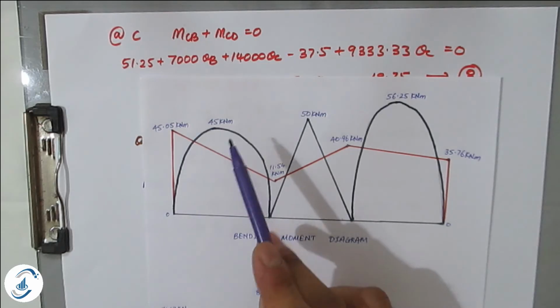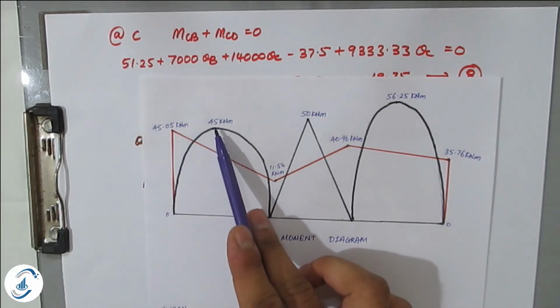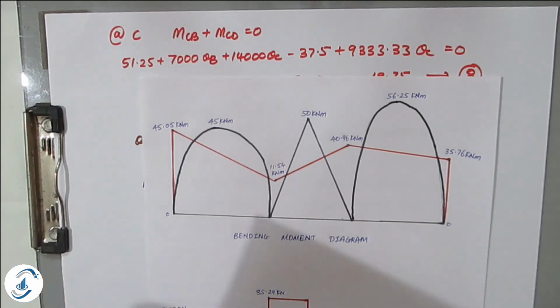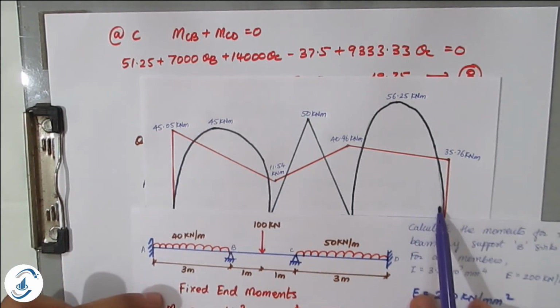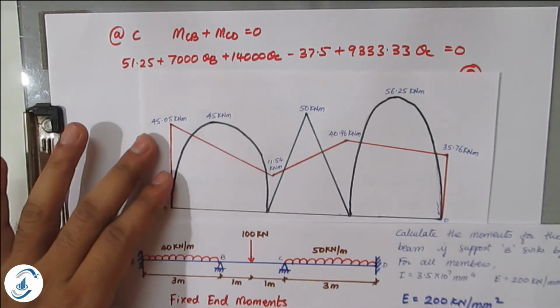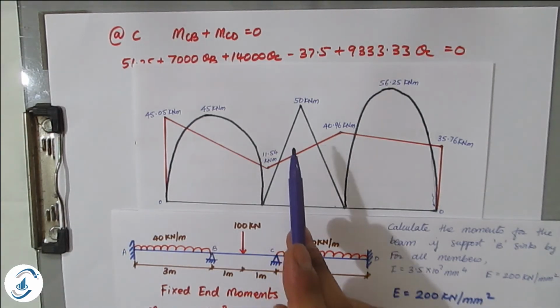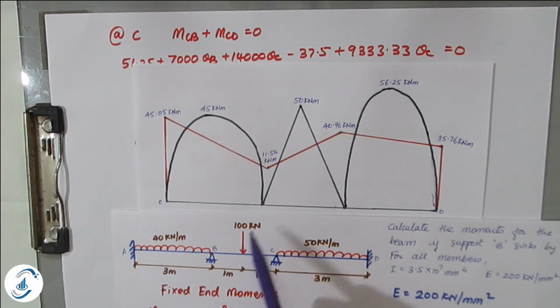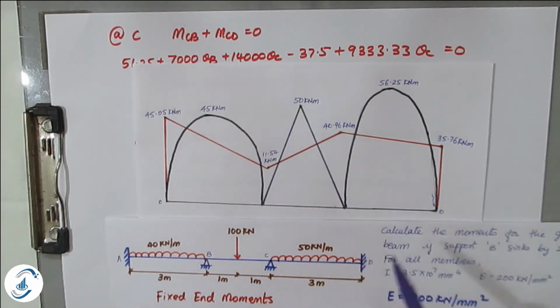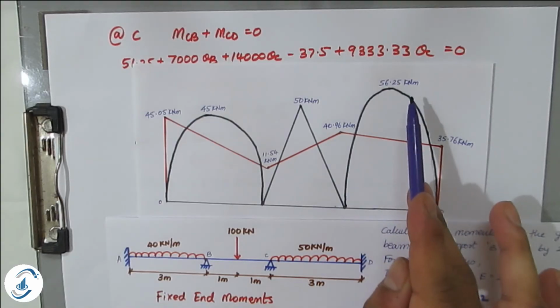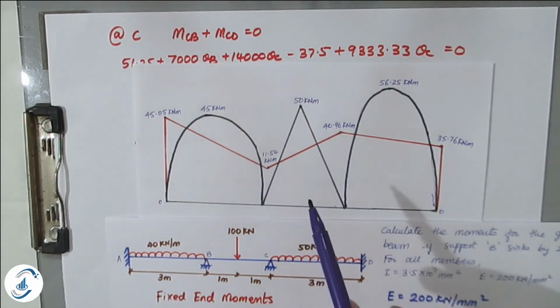So this is WL square by 8, so you will get 45 kilonewton meter for the loading of 40 kilonewton for the 3 meter span. And WL by 4 for the point load at the center will be 50 kilonewton meter, and for the 50 kilonewton per meter, it will be 56.25 kilonewton meter for the loading bending moment diagram.